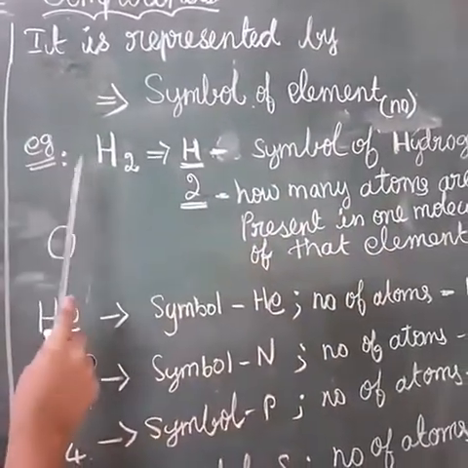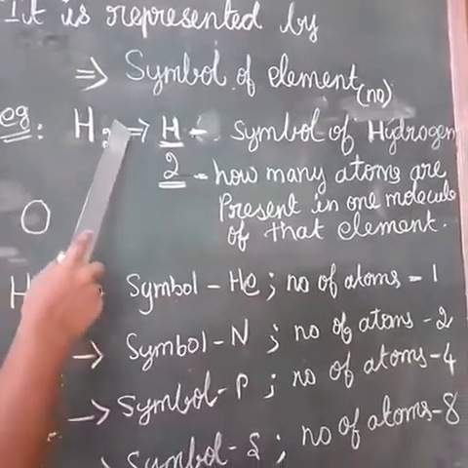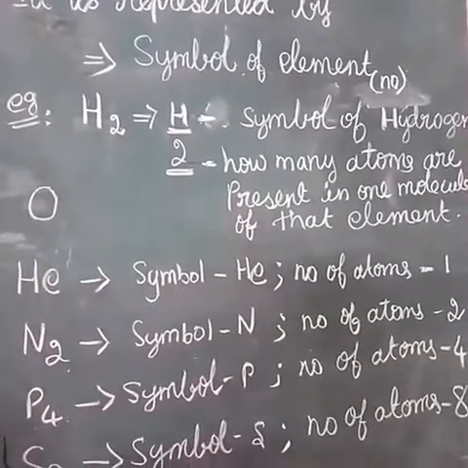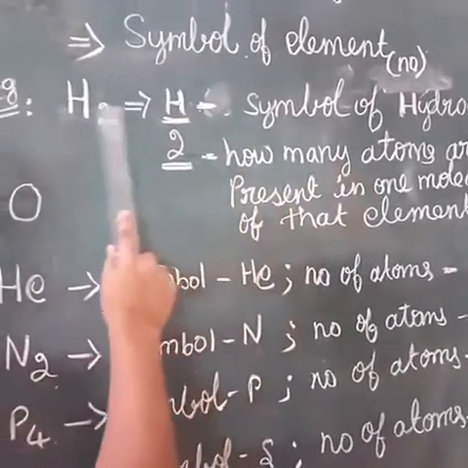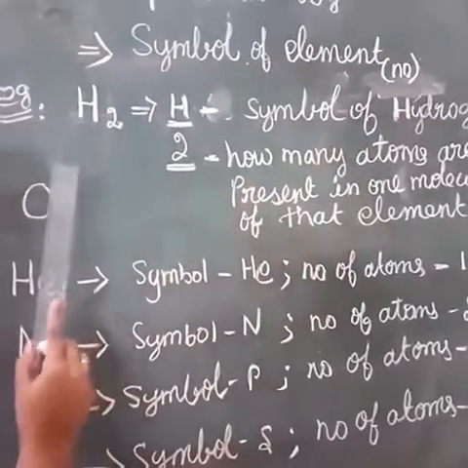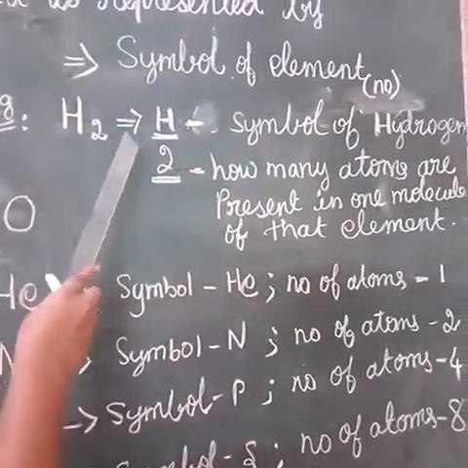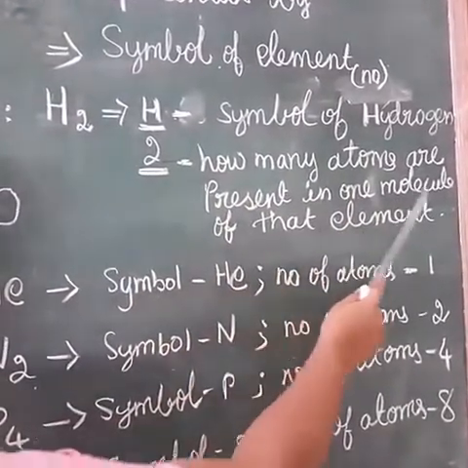For example, H2. This is the molecular formula of the element hydrogen. H is the symbol of hydrogen, and the number 2, written in subscript, shows how many atoms are present in one molecule of that element.